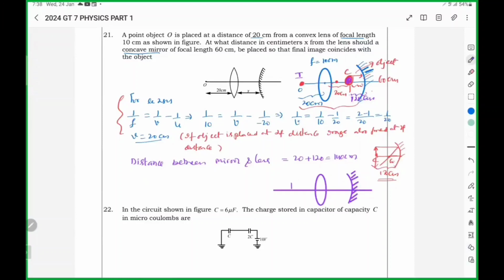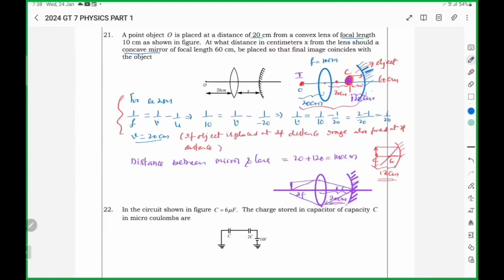Here is an object at 2f distance. Once rays are incident at the pole, they get reflected. Again, those rays converge at 2f. This is possible when the mirror is placed where the first image is formed. At that point, the pole of the concave mirror is there.